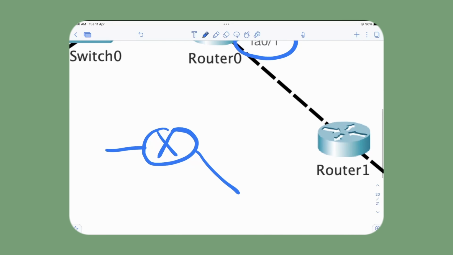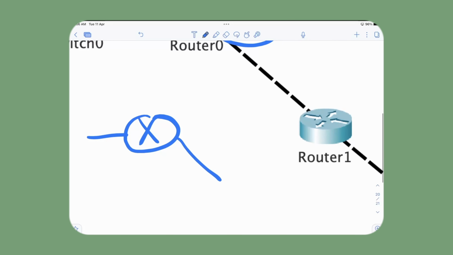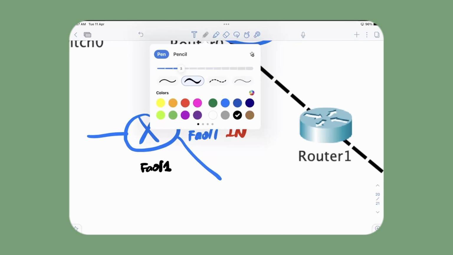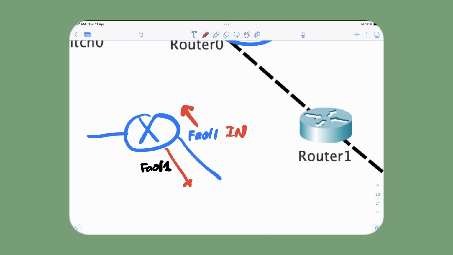Like this. So this is FA01. I have one FA01 going inside the router, so this is in. Then I have another FA01 that is going out from the router.